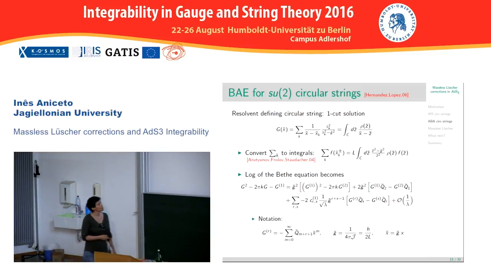If I indeed do that, I can define the resolvent by basically putting poles wherever there are beta roots, and then integrating over the cut, a single cut, with some particular root density.